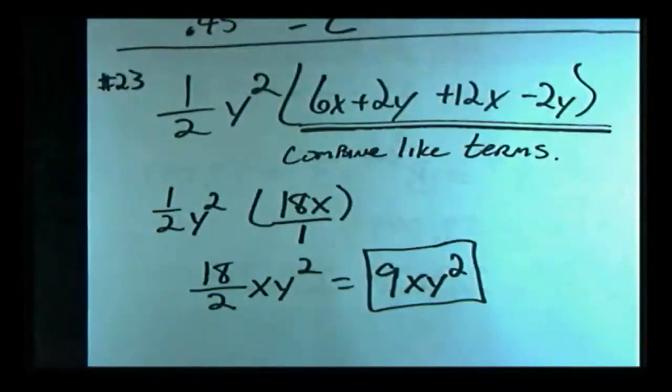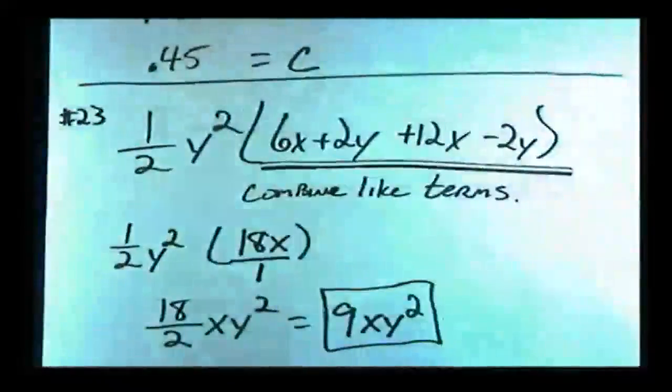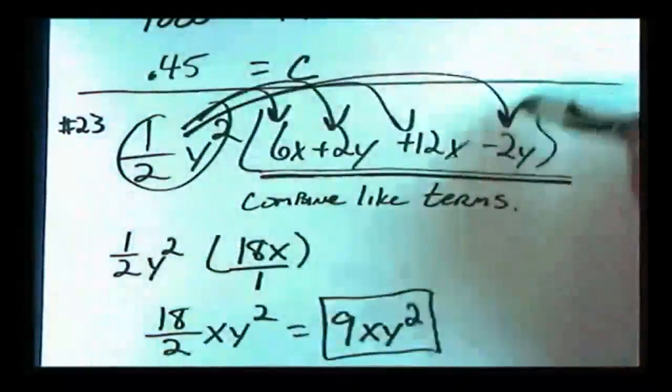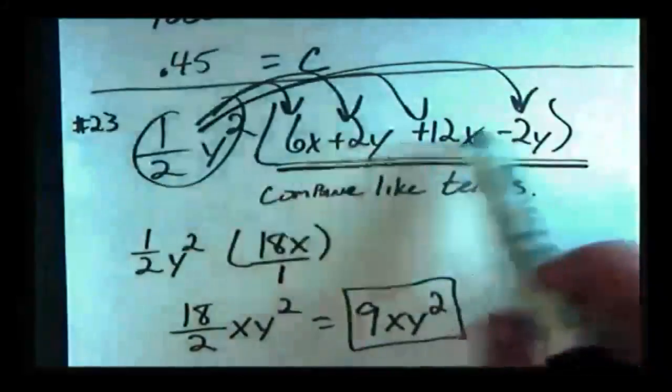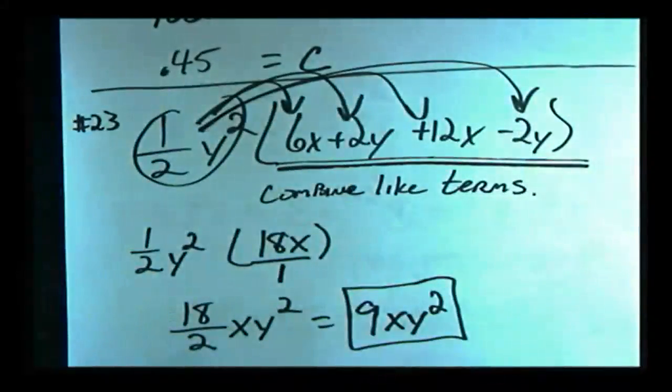We could have, right off the bat, taken all of this and distributed it piece by piece to all of these. But instead, I combined my like terms in my parentheses. If you did the distribution, it would have come out the same way.